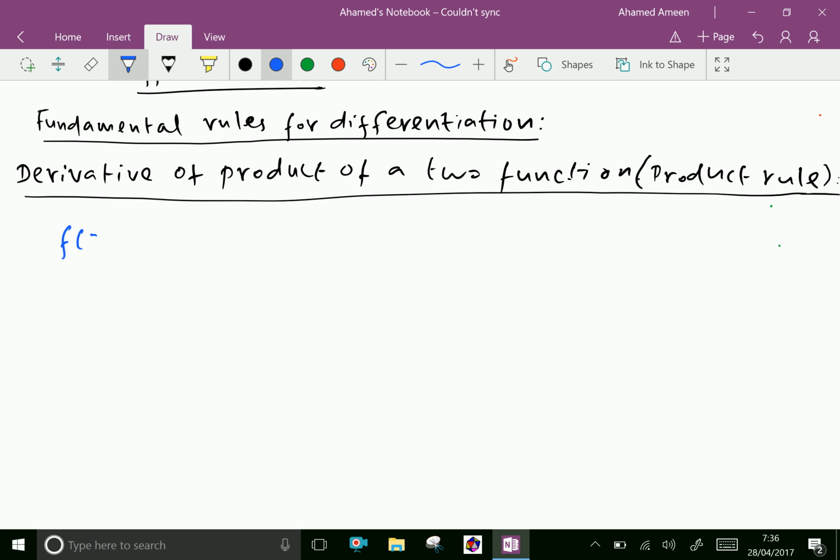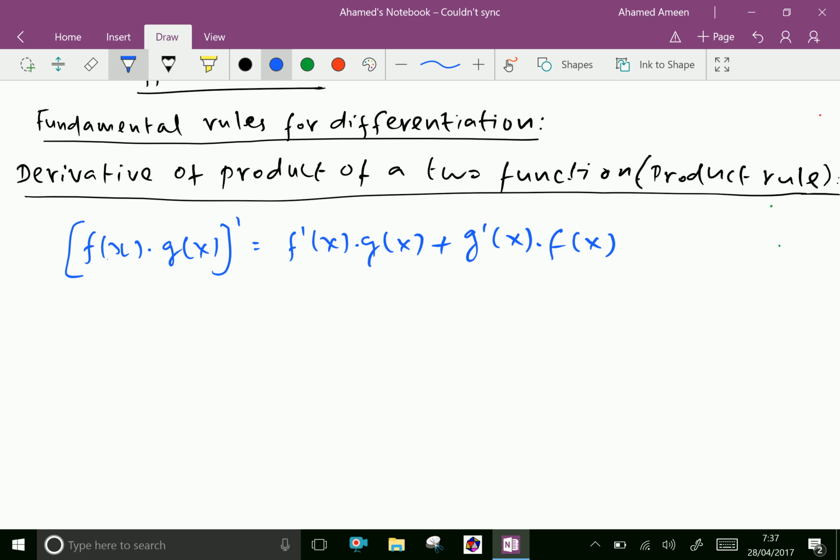The differentiation of the product of two functions, (f(x) times g(x))', is f'(x) times g(x) plus g'(x) times f(x). We can prove this rule.